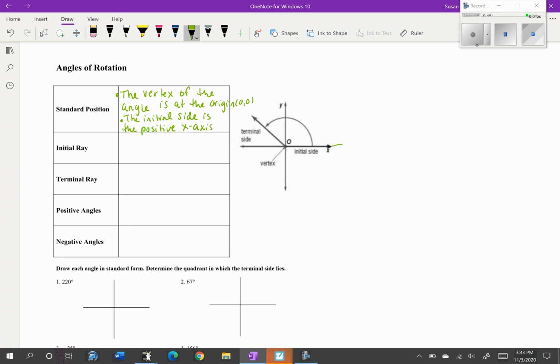So this is the initial side, this is where we start. The initial ray, which is one side of the angle, is on the positive x-axis. It's where you start, or where the angle starts.